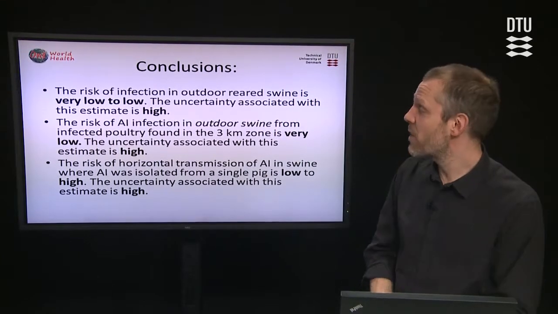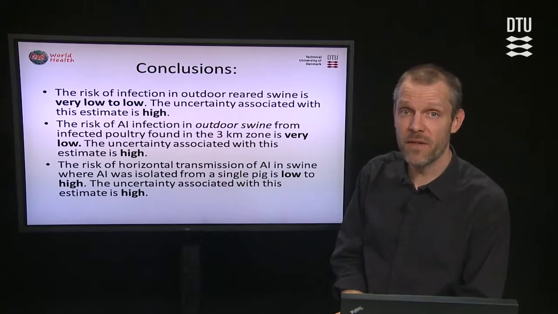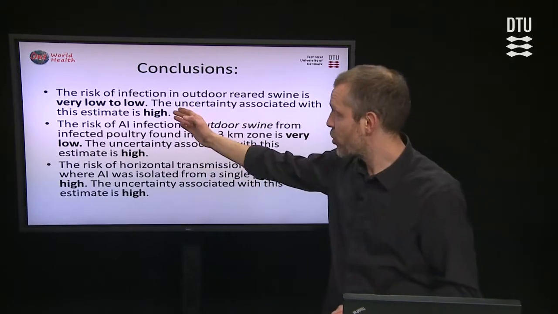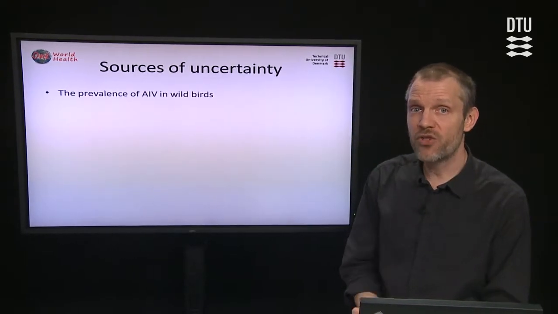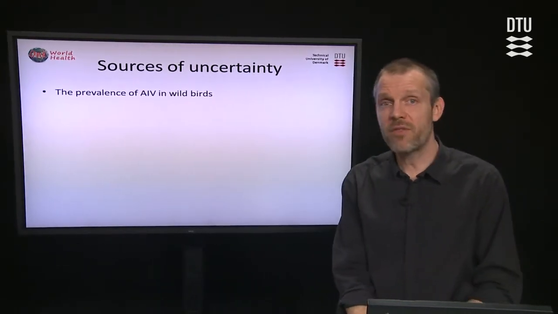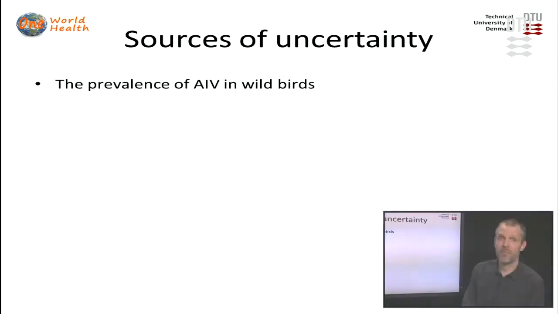So what you see here is that we have used qualitative terms to discuss the risk. We also have addressed the uncertainty, and in all the cases this was high. And if we look at the sources of uncertainty, one of the big sources of uncertainty was that we didn't know the prevalence of avian influenza in wild birds.